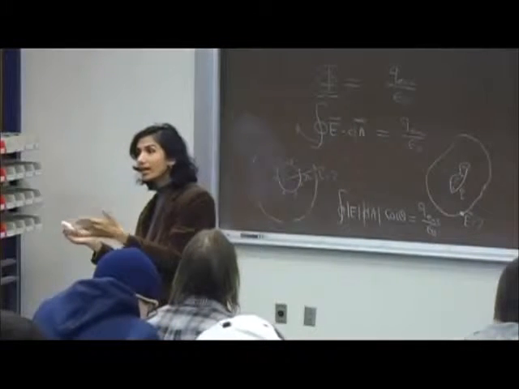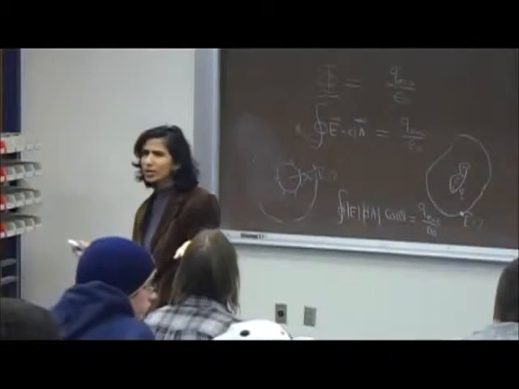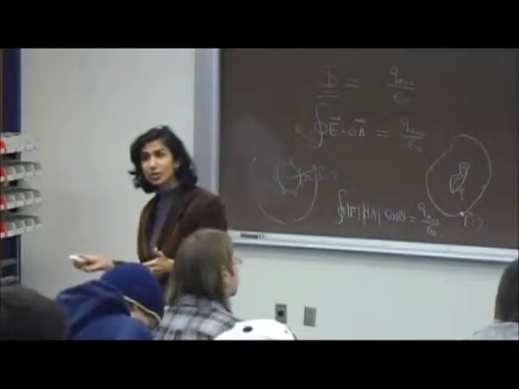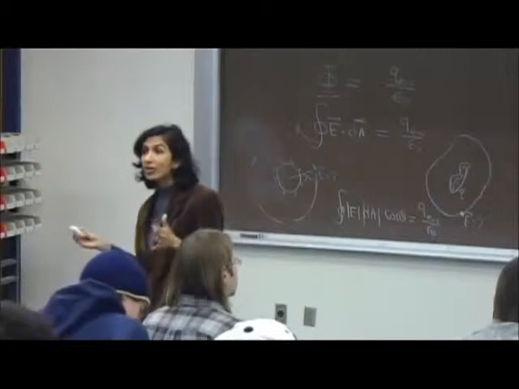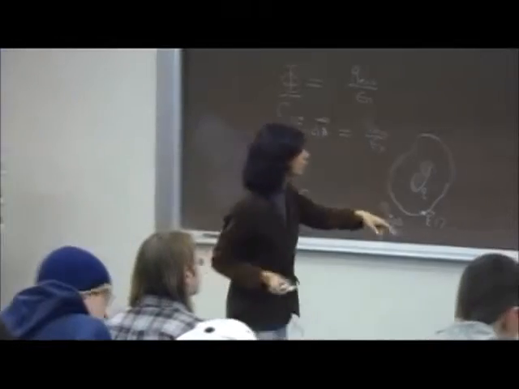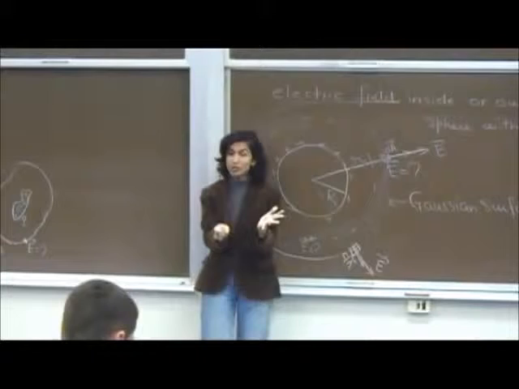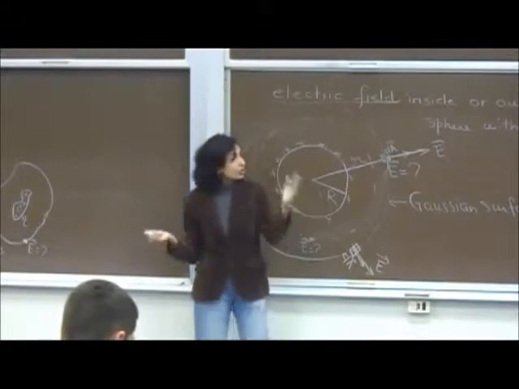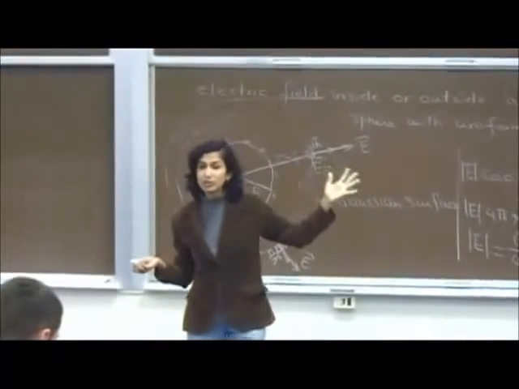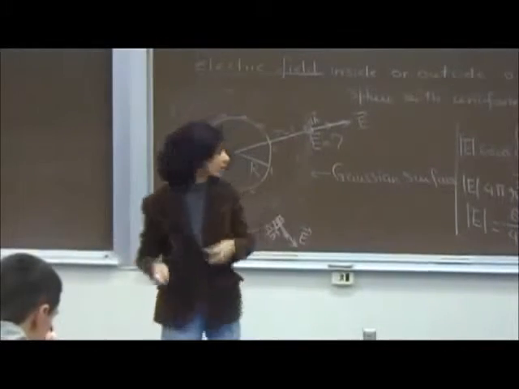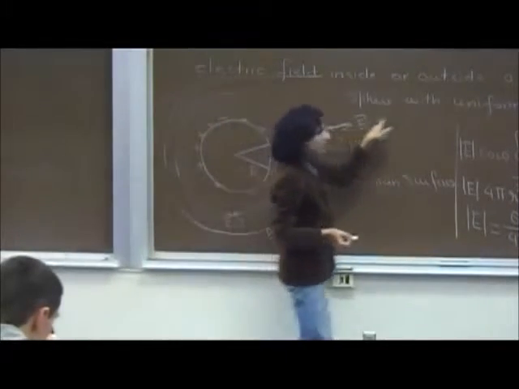Remember? Electric field due to a point charge, wasn't that also equal to kq over r square? And now we are saying that electric field due to a uniform sphere of charge, where charges are uniformly distributed all over the sphere, looks exactly like the electric field due to a point charge, so long as you're looking at a point outside the sphere.